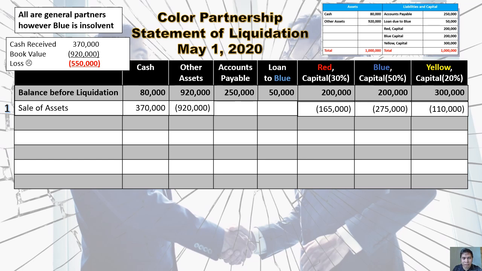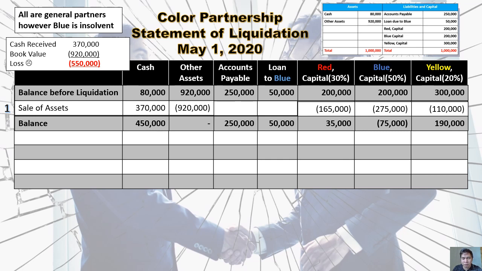So the balances after the sale of assets will be 450 kay cash, accounts payable 250, loan to Blue 50,000 pesos, Red capital 35, Blue capital 75,000 negative, then Yellow capital 190,000 pesos. So basically, Blue capital is considered as deficient partner because meron siyang capital deficiency of 75,000 pesos.